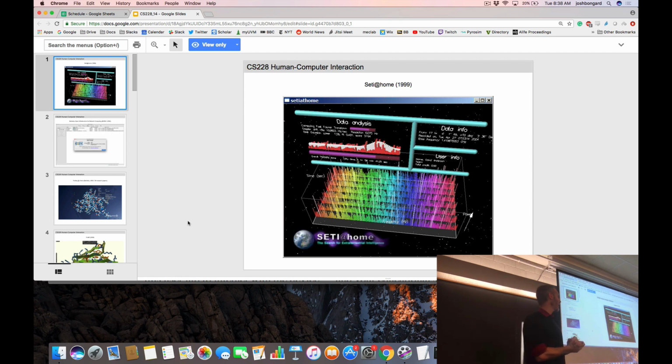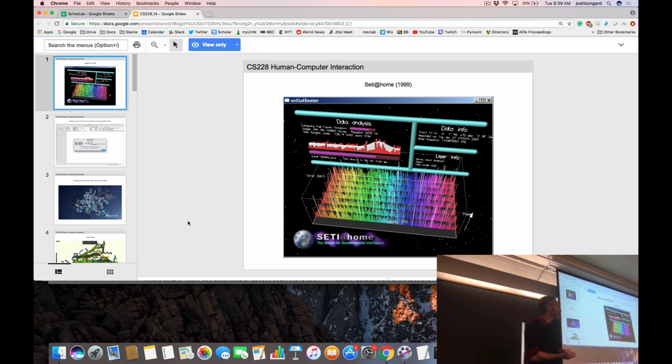Few people? Okay. So this was a project to basically recruit as much computation as possible to help sift through vast amounts of radio data collected by radio telescopes around the globe to look for little green men. SETI stands for the Search for Extraterrestrial Intelligence.